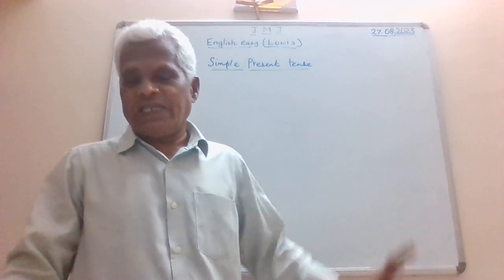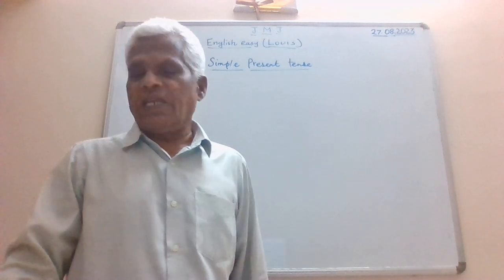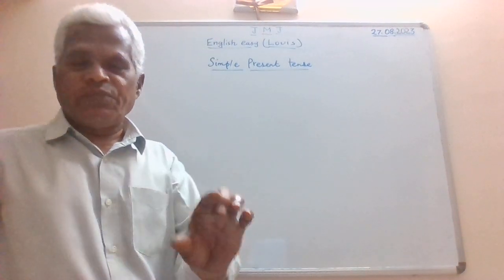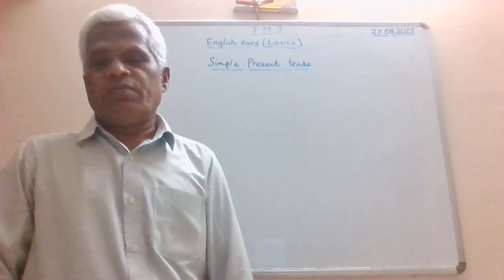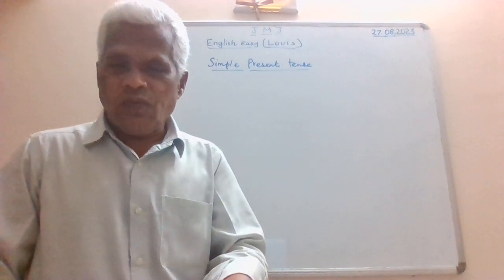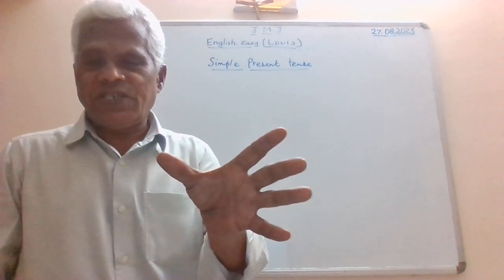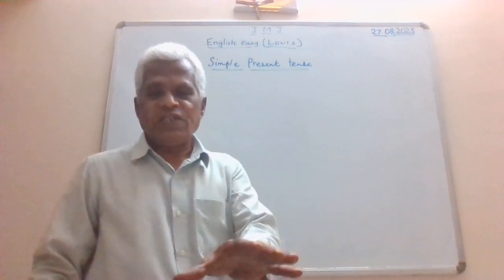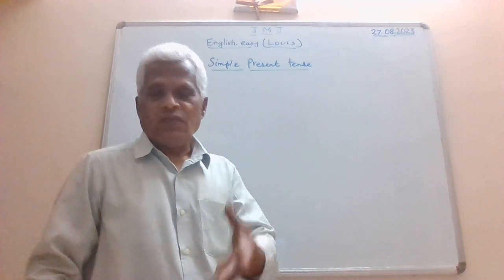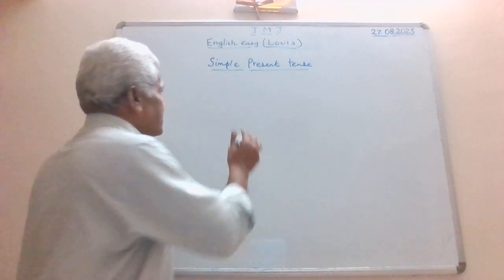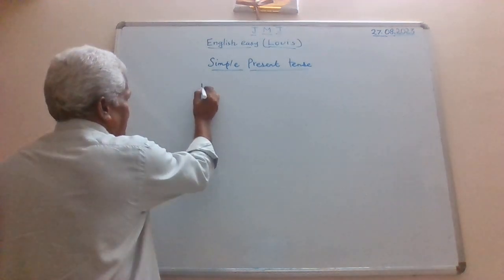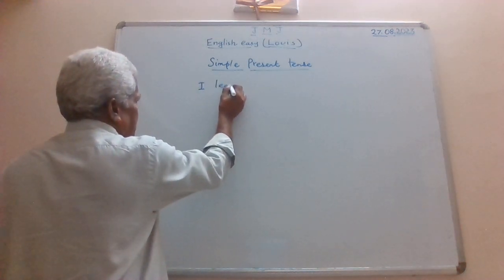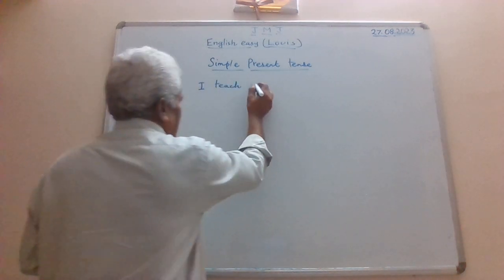Let me write a sentence first for you to clearly understand. Let me write a sentence here in simple present tense using one verb. What am I doing now? I teach grammar, or I teach tenses. So instead of grammar, write tenses. See, I teach grammar.